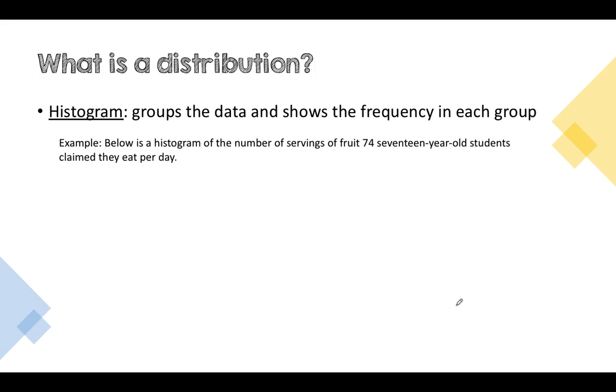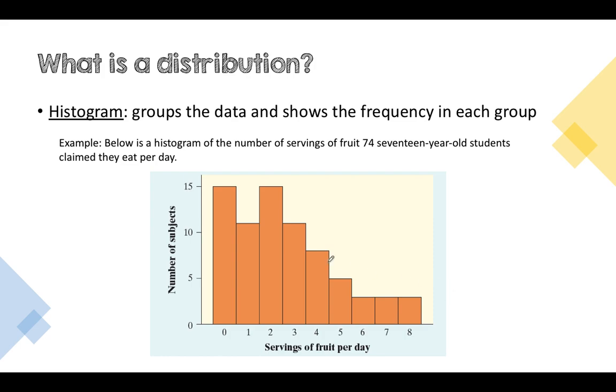So here's an example. Below is a histogram of the number of servings of fruit 74 17-year-old students claim they eat per day. And then this is what a histogram looks like. So we have the frequency that answer that they have 0 servings of fruit.